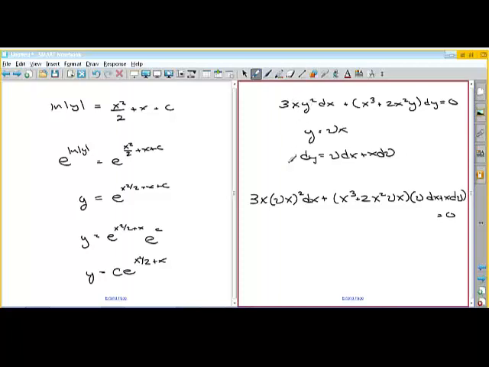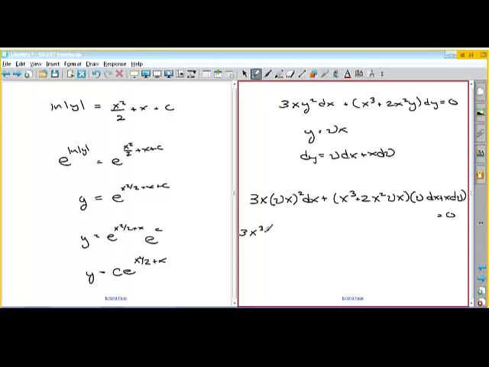So y squared becomes this squared, dx stays the same, x cubed stays the same, y becomes nu x, dy becomes nu dx plus x d nu. Now you have to multiply this whole thing out, and you want to order the terms. So here you're going to have 3, and we have x times x squared, so it's going to be x cubed.